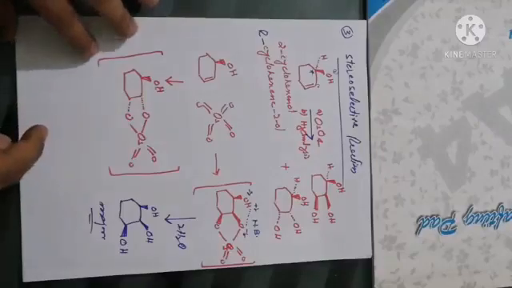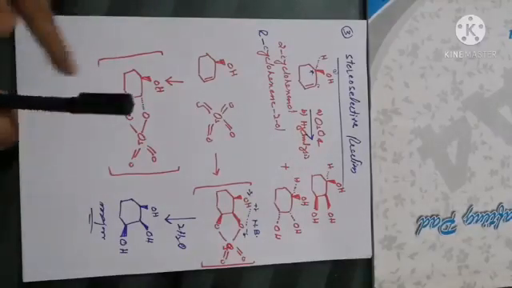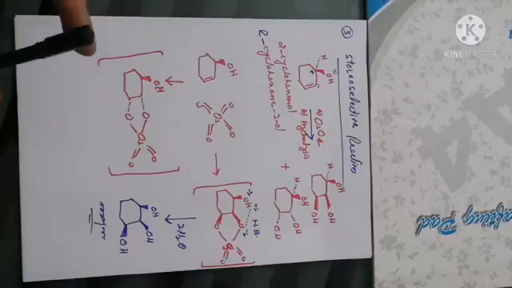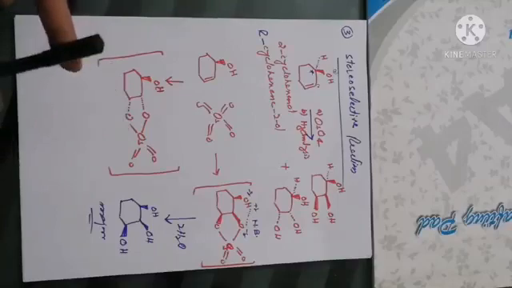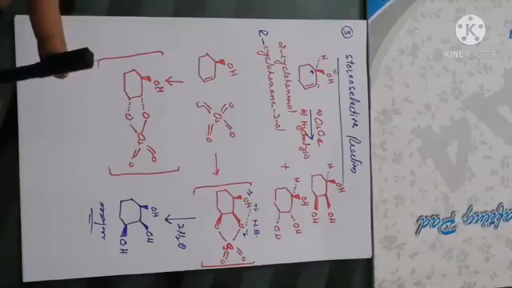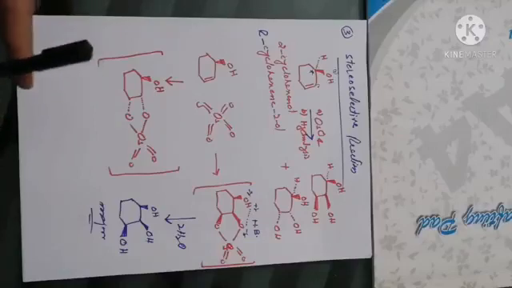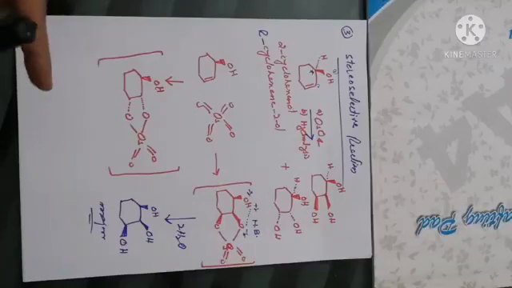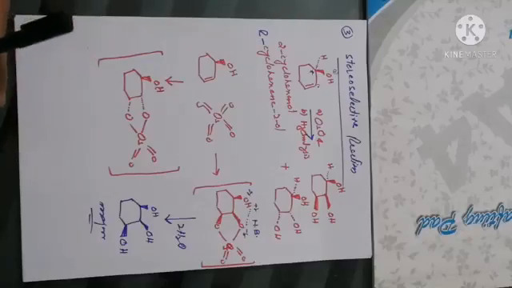So thank you so much, dear students. In this class we learned what the final product is using osmium tetroxide. We learned about the dihydroxylation of the double bond using osmium tetroxide. We learned the mechanism of this reaction, the regioselectivity of this reaction, and then the stereoselectivity.